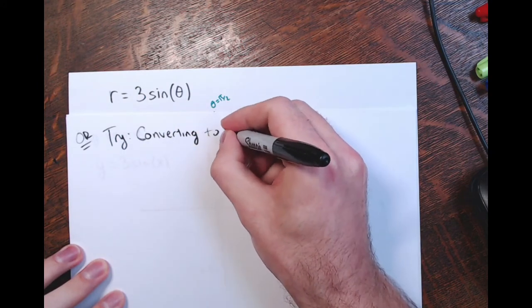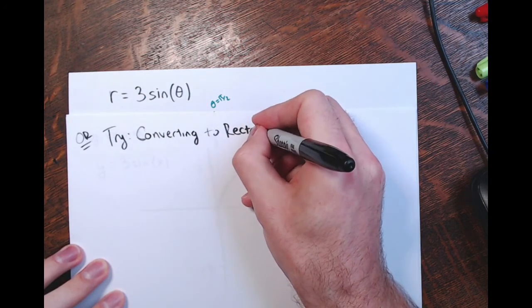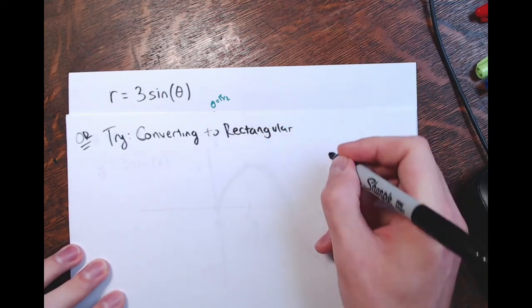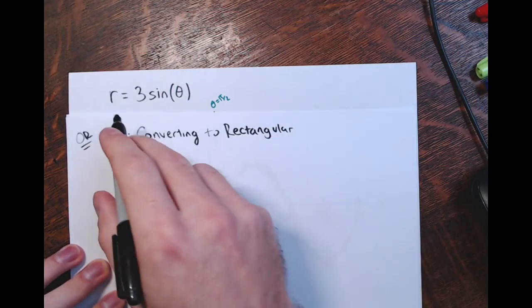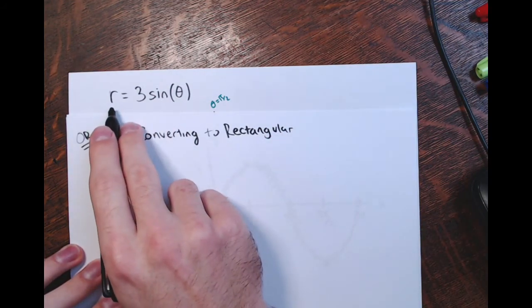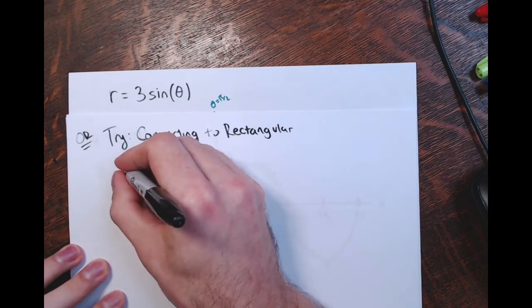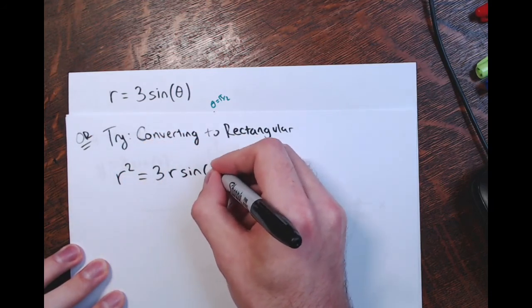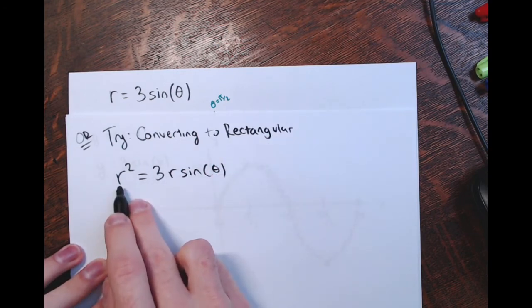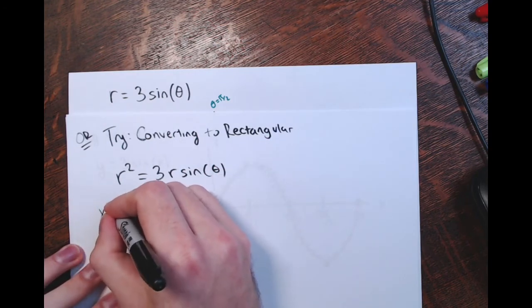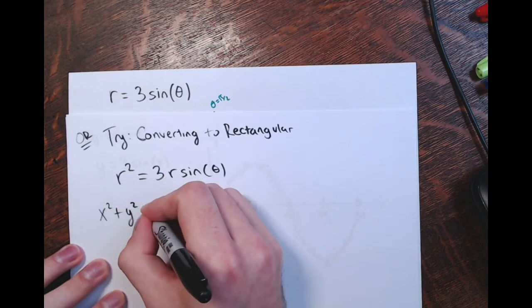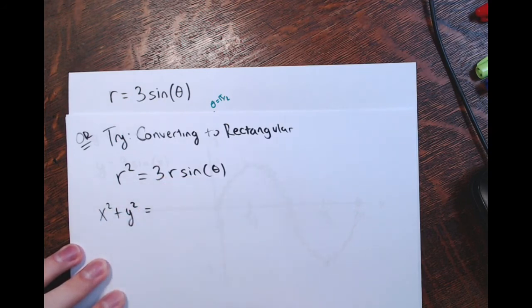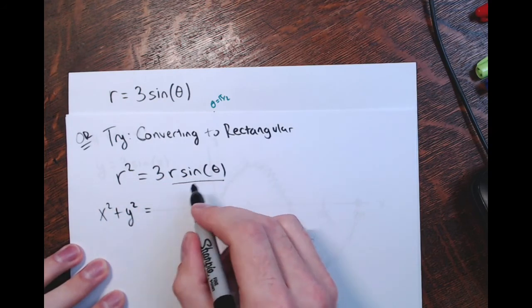Converting to the rectangular version of this equation. So if I multiply both sides by r, that gives me r squared equals 3 times r sine theta. And remember, r squared is x squared plus y squared in rectangular. And r sine theta is y.